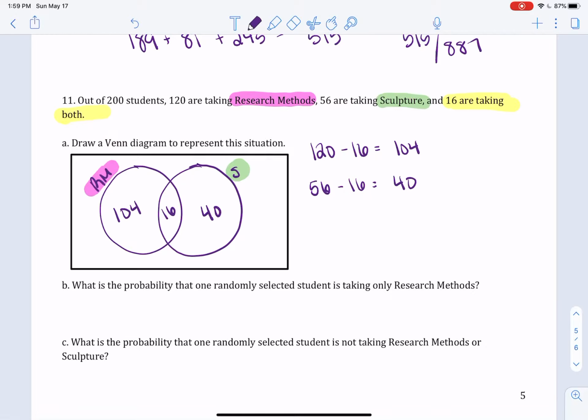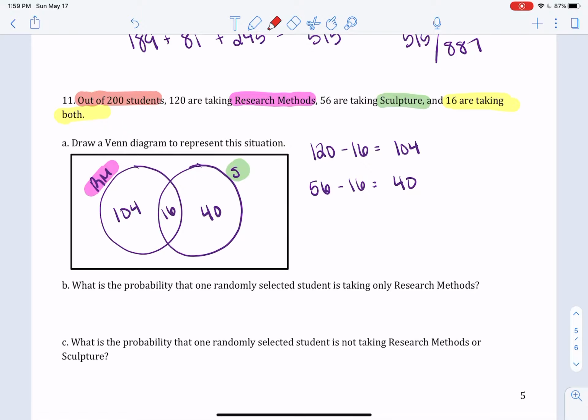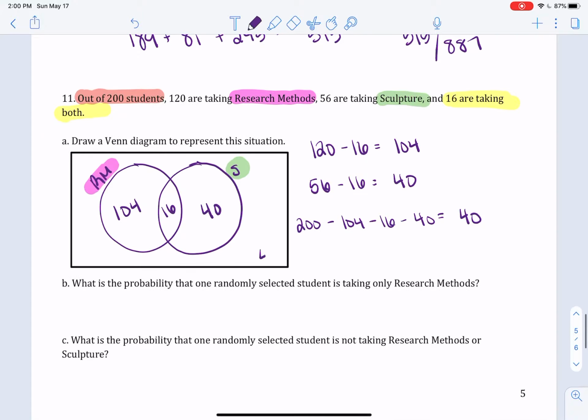Okay, and then remember it does say up here out of 200 students. So we do need to find the number that goes right here for the students that didn't take either of those classes. We need to take 200 minus 104 minus 16 minus 40. So that would be 40 students didn't take either of those classes.